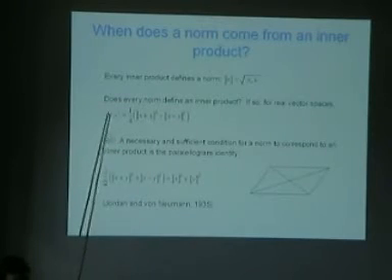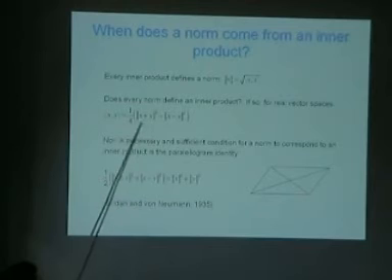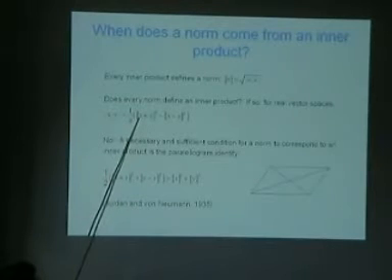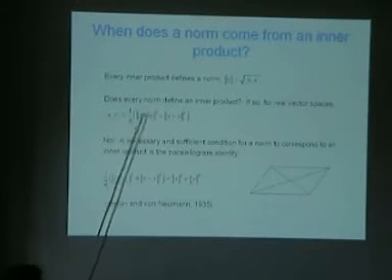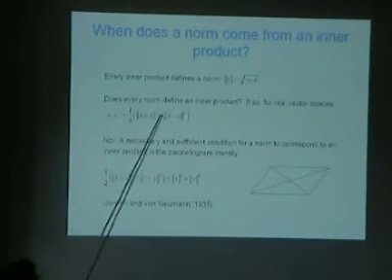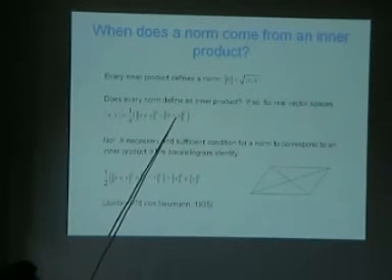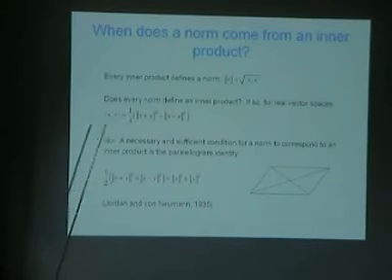I've shown you how to get an inner product from a norm. If you think of this as the inner product of x plus y with x plus y, and that as the inner product of x minus y, the xx cancel and the yy cancel, and you've got 2xy minus minus 2xy, divided by 4, to get this.